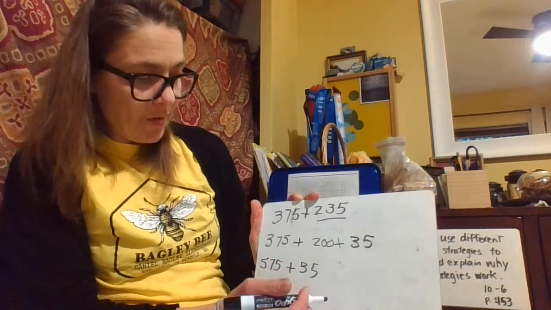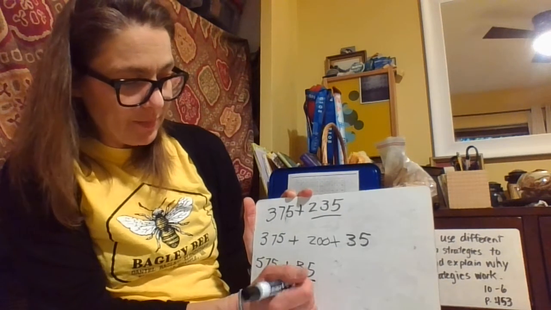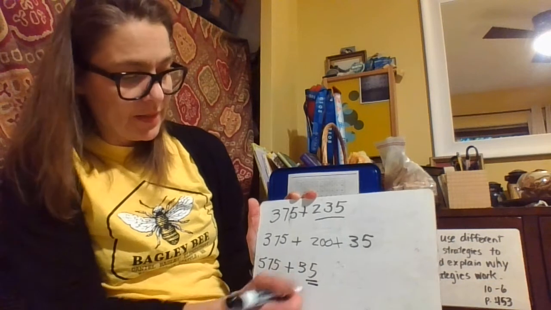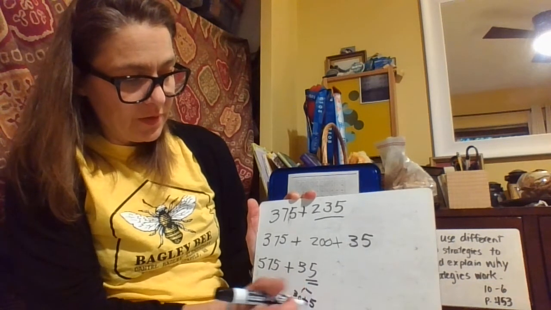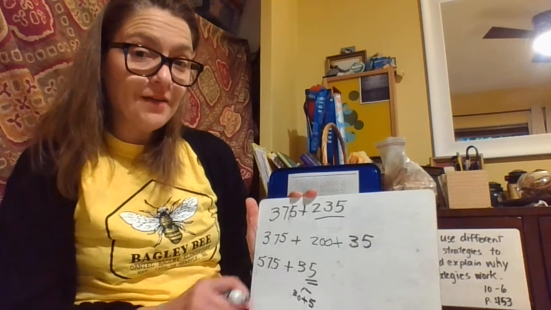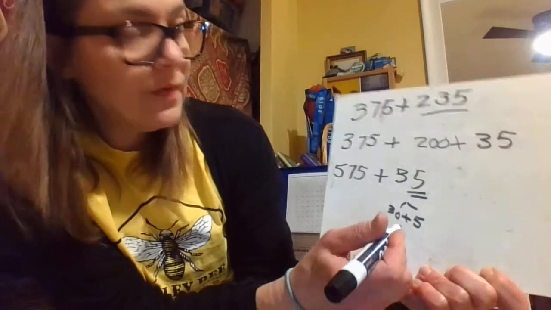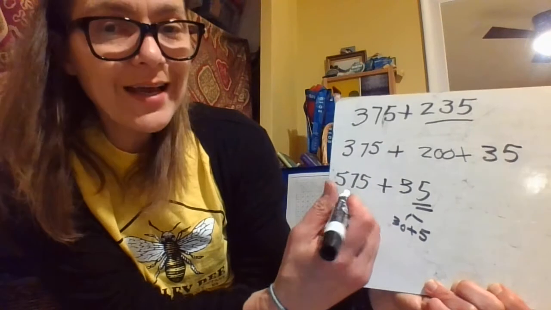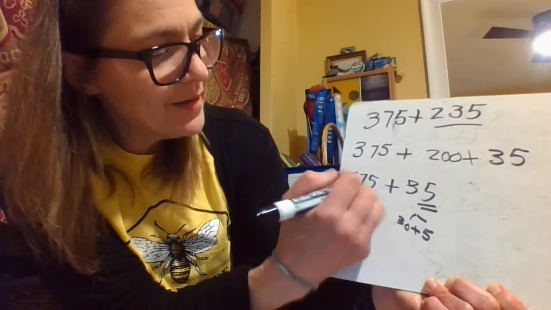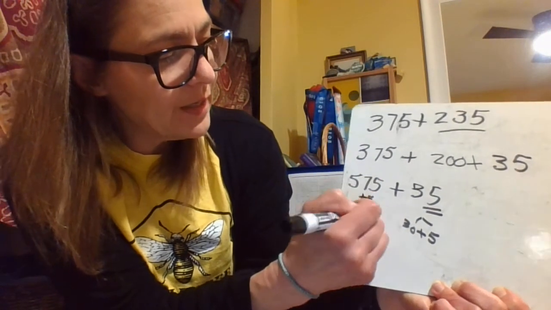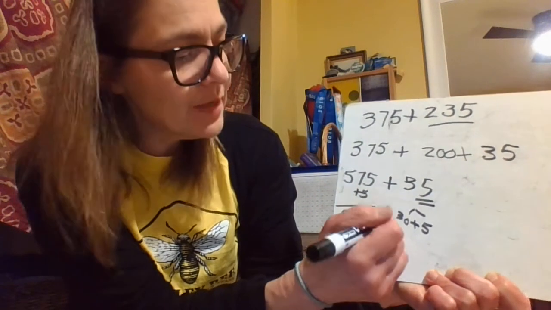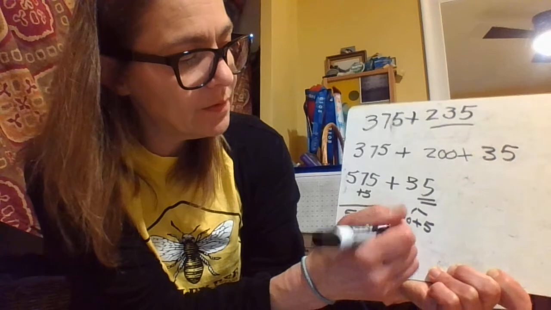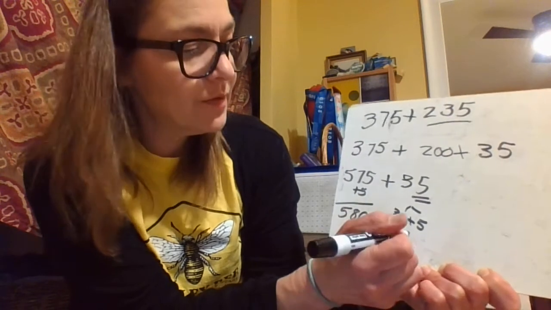Okay, so now I'm going to take that 5 ones and make this 30 plus 5, because 30 plus 5 equals 35. And I'm going to take that 5 and add it to the 75 and I'm going to get 580. And now I have 580 plus 30. That's what I have left.